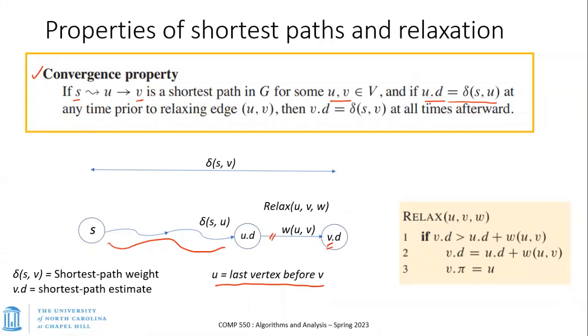And you say, well, if the estimate to this last vertex U is already the shortest path weight to U, then if you relax the edge UV, then the estimate at V is now going to be the shortest path.